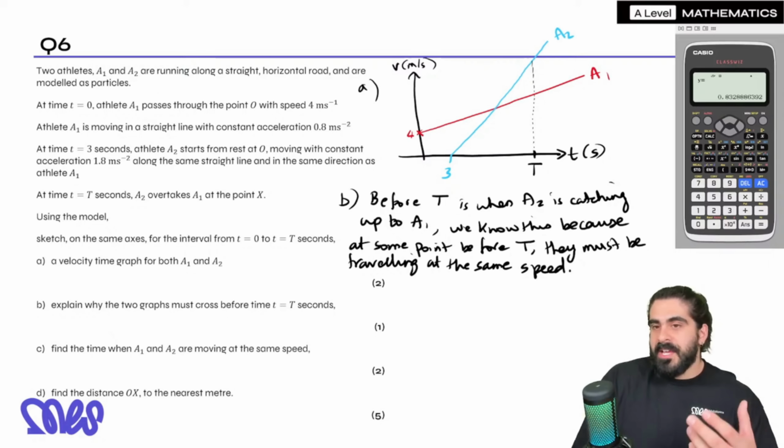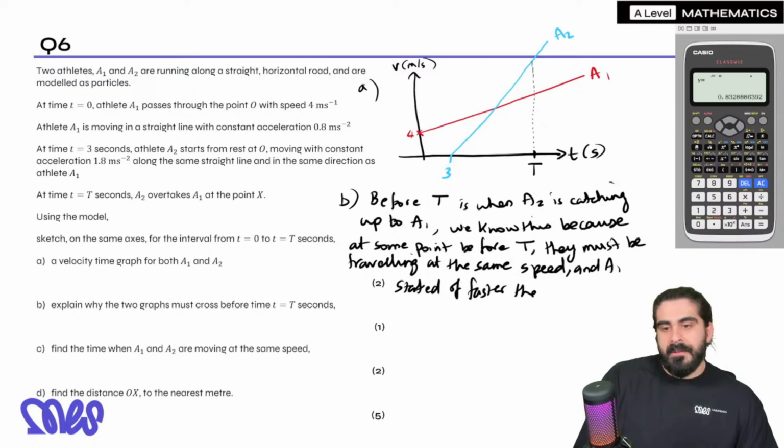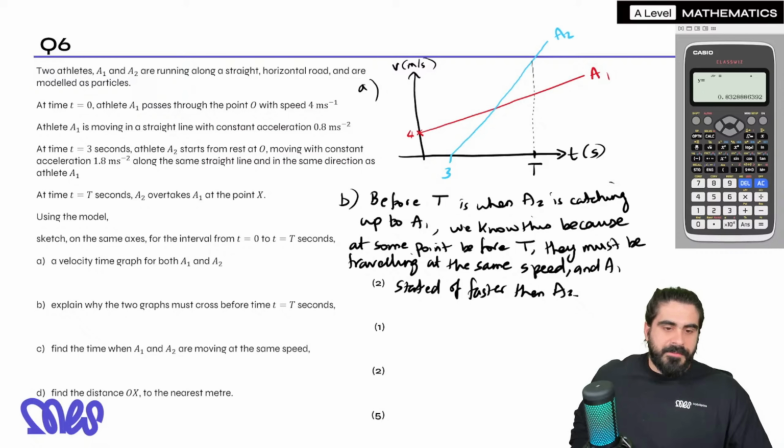You can then even say A1 started off faster than A2. I'm always quite thorough about these answers. I just say as much as I can, even though it's 1 mark, just say a lot.